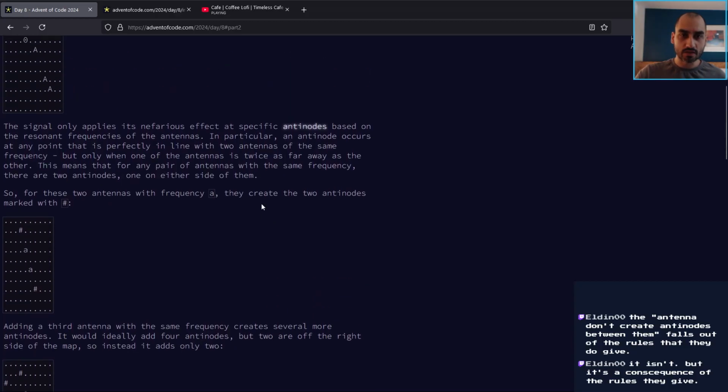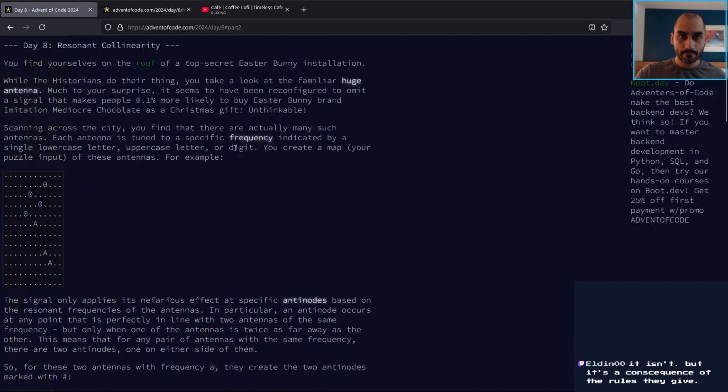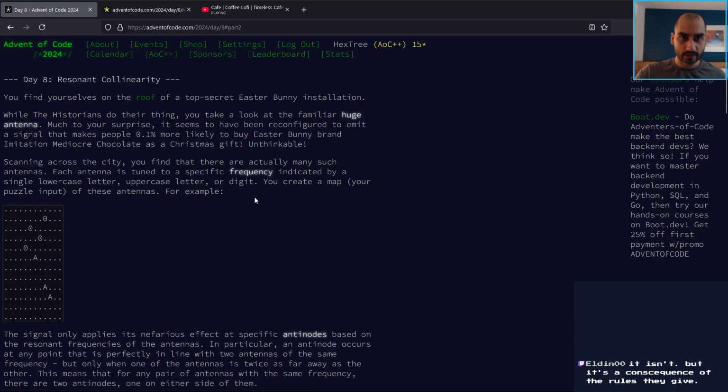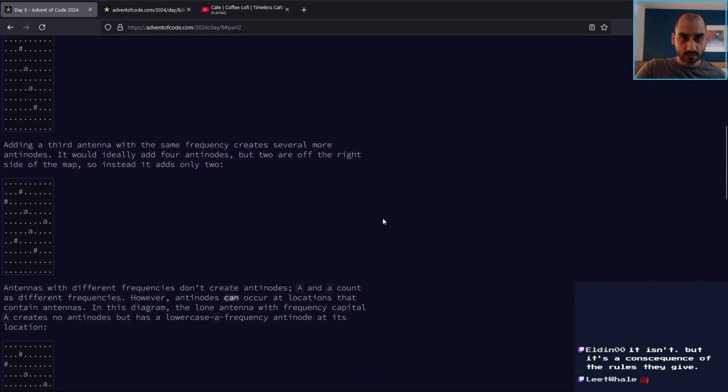The only hard rule I've seen is this: in line with 2 antennas, and twice as far away from one as the other. To me, inside would be completely in line with that rule. I don't see any other rule that would imply they can't be between.